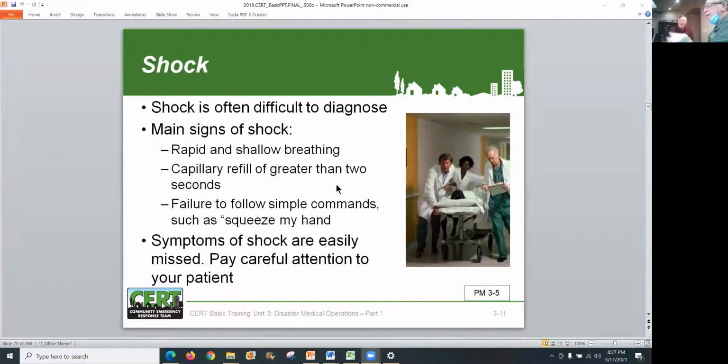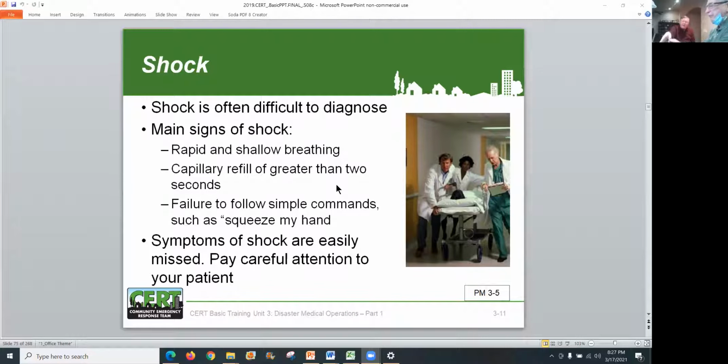Shock, with a paramedic there, is pretty easy to spot, but you go usually by the pulse and blood pressure. Can you push my finger and show them how easy it is to get that capillary refill? The capillaries on the end of the finger are small and they bleach out really easily.